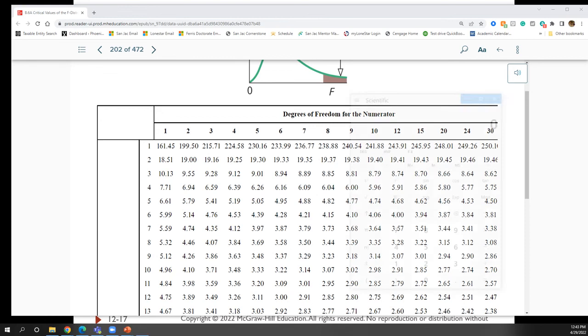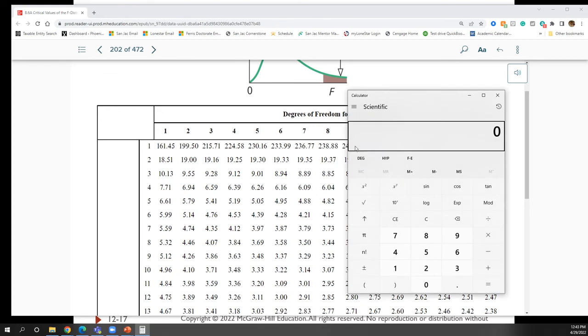So, again, we'll have to use our trusty calculator. 3.14 plus 3.07. Yeah, so about 3.10. That's just about halfway between the two. And that will work for us. Okay.